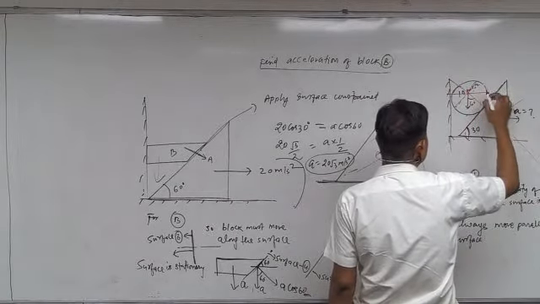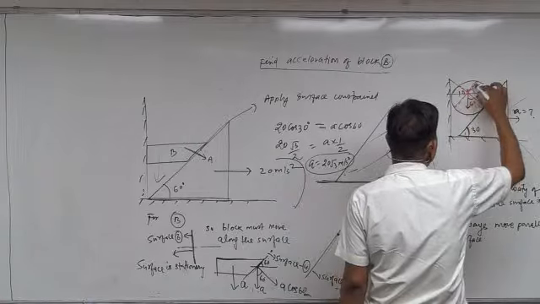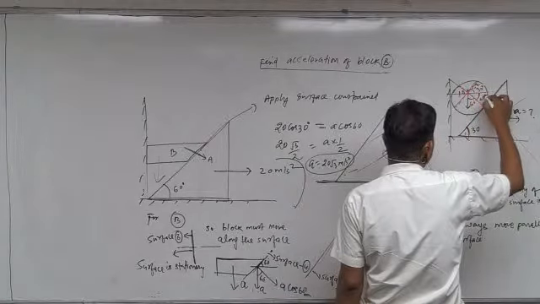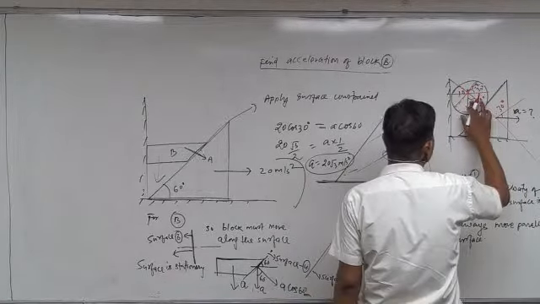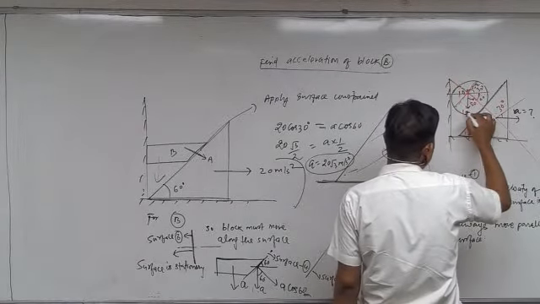So this angle will be 30 degrees, and because this is perpendicular, this angle will be 60 degrees. So this angle will be how much? This angle will be 30 degrees, and this is 10.